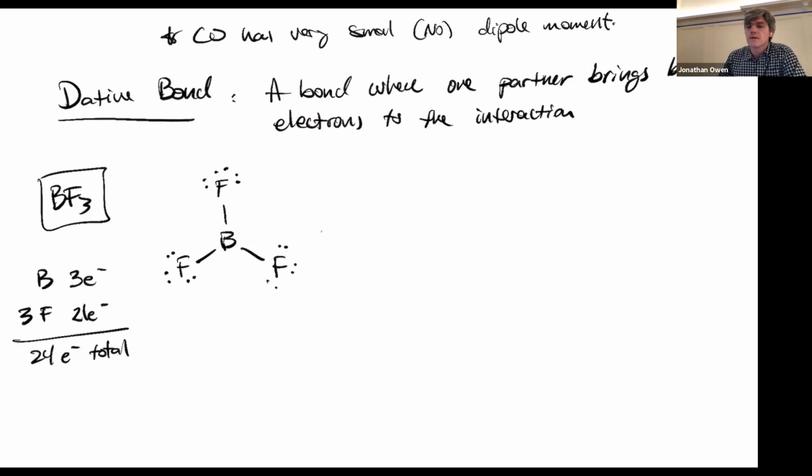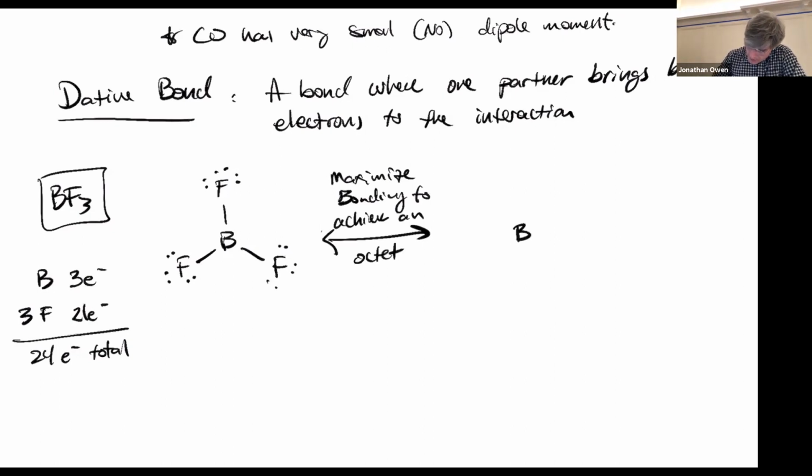And that tells you that in the valence shell of that boron, there is an empty space. So one thing you can do is maximize the bonding to achieve an octet.